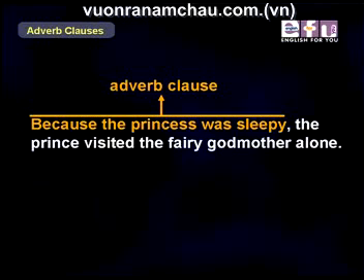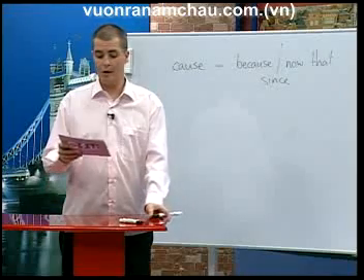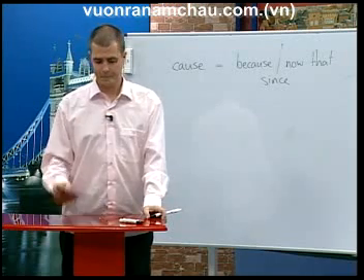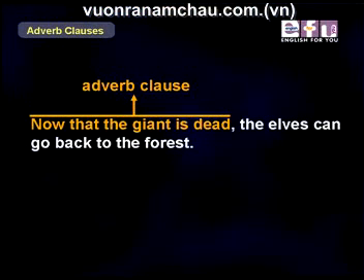In the first sentence, because the princess was sleepy is the adverb clause. The adverb clause says why the prince went home alone. Why did he go alone? He went alone because the princess was sleepy. In the second sentence, now that the giant is dead is the adverb clause. Now that means because now.